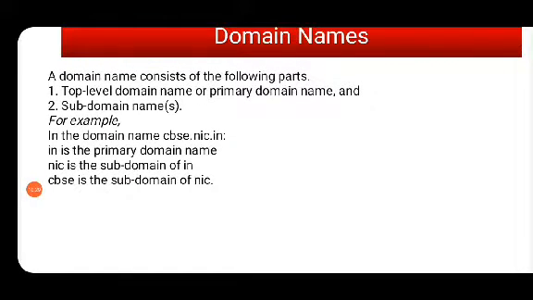Moreover, the domain name has the following parts. First, the top level domain name or the primary domain name, and then some subdomain names. In the domain name cbsc.nic.in, the primary domain name is in, NIC is the subdomain name of in, and CBSC is the subdomain name of NIC. So I hope you have understood. Let us understand this again. In the domain name cbsc.nic.in, in is this portion.